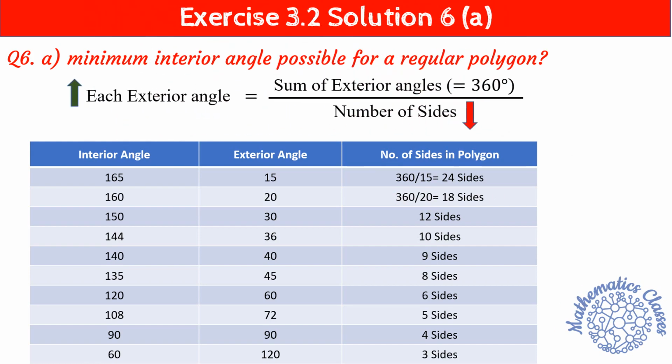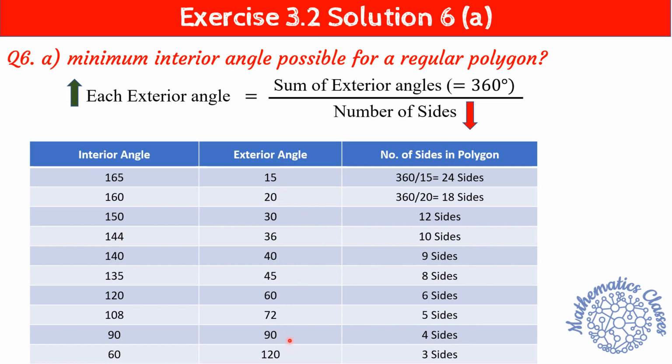And using this formula, we know that the sum of exterior angles is always 360 degrees. So, we will consider the minimum value for number of sides. As we decrease the number of sides, we get the maximum value of exterior angles.